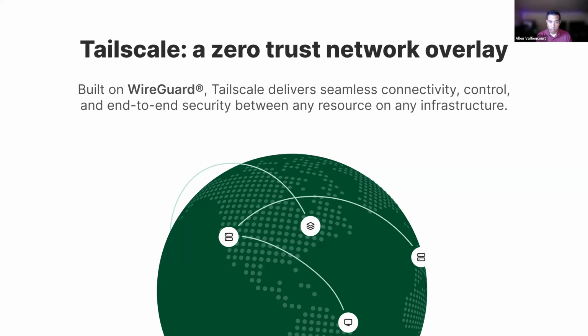For those that might be familiar, WireGuard is a fantastic, very mature open source remote access VPN type of technology, and Tailscale builds on top of that. It's a great path, and we've taken it, we've enhanced it, adding that connectivity, control, and end-to-end security for any resource on any infrastructure. In today's infrastructure, we're going to talk about AWS.